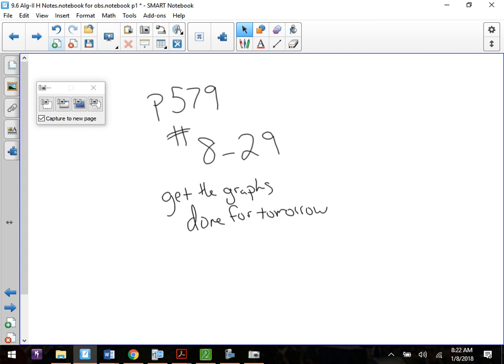The graphs, what I want you guys to do for the graphs is just label, like we did, x-intercept, y-intercept, horizontal, vertical asymptotes, slant asymptotes. When you go to the graph portion, all I need to know are those things.